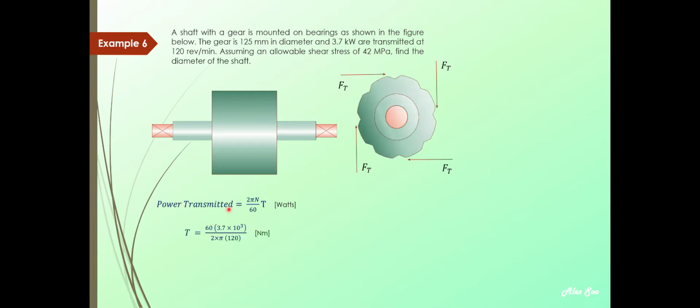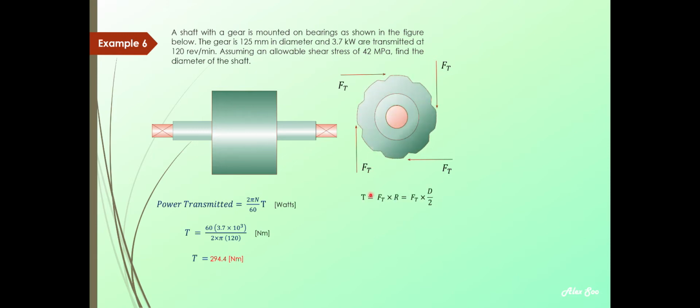From this equation, we can find the torque transmitted is equal to 294.4 Newton meter. But at the same time, as the gear rotates, it also produces a couple, or a turning moment, about the shaft where the gear is located.